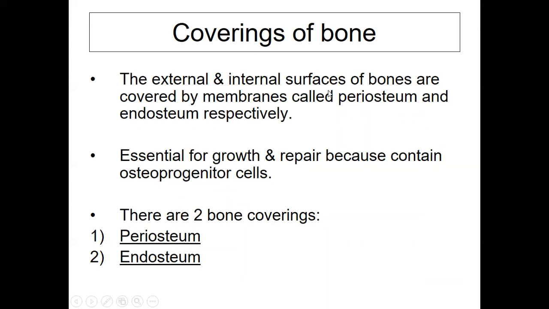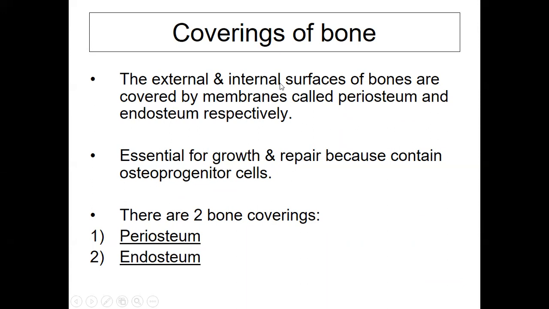The external covering is known as the periosteum, and the internal covering is known as the endosteum. This covering is very important because it is essential for growth and repair.